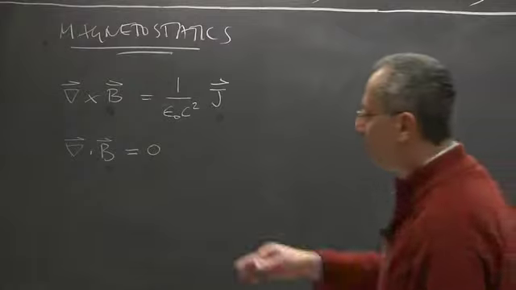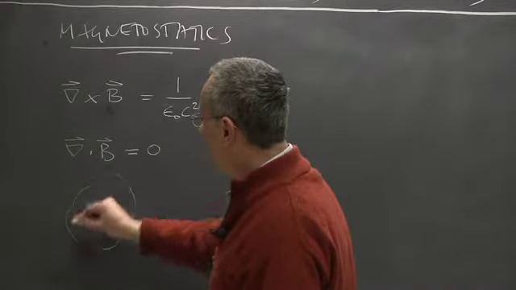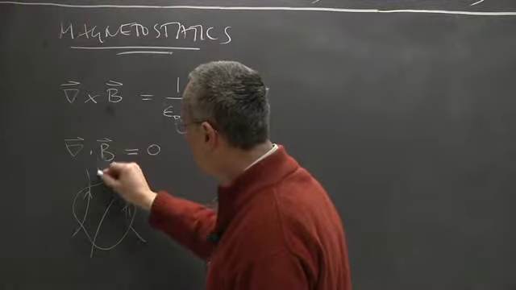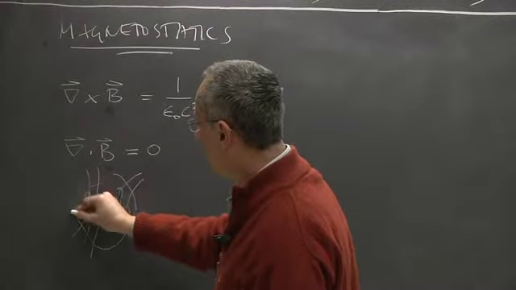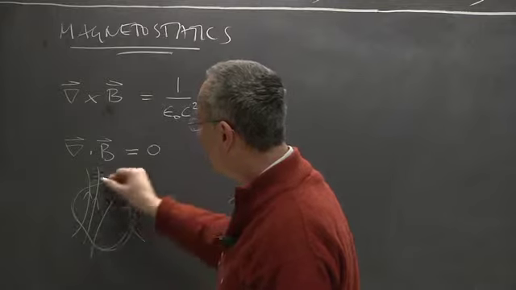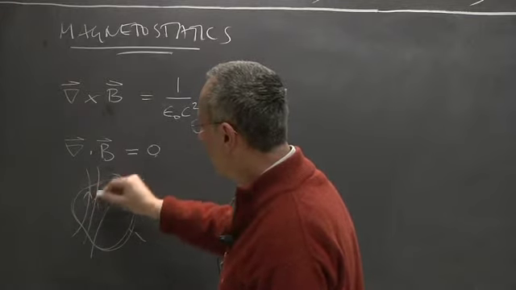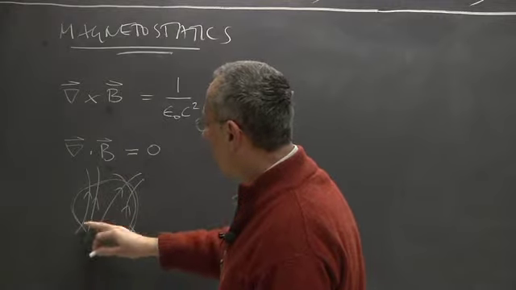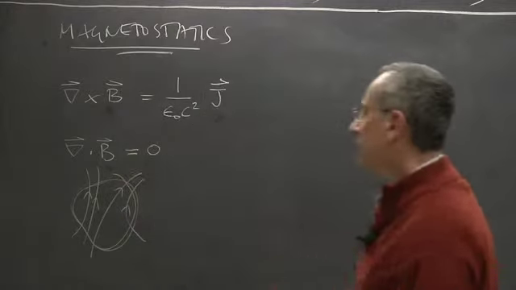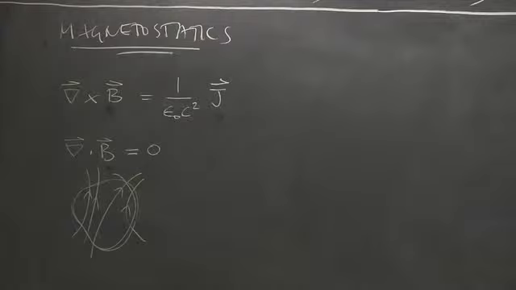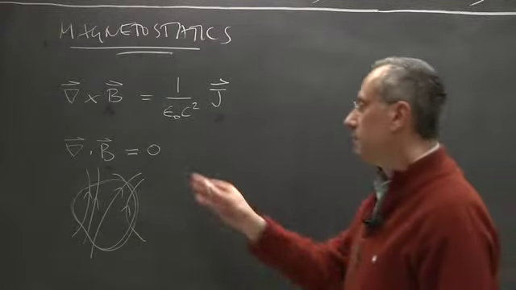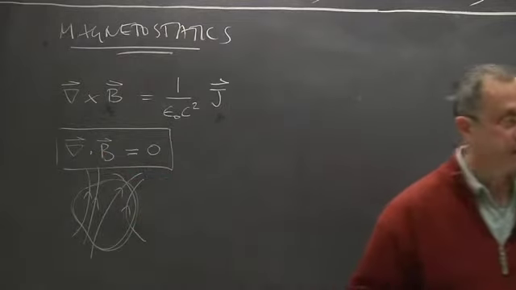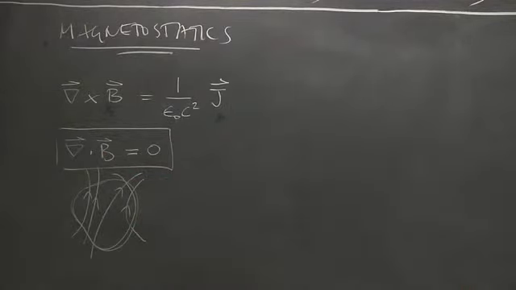But the B field is not generated by anything, really, so the flux of B field, as much as comes in, comes out, and you have a vanishing divergence. This, in a way, we already know. It's always true, so we can forget it for the moment.